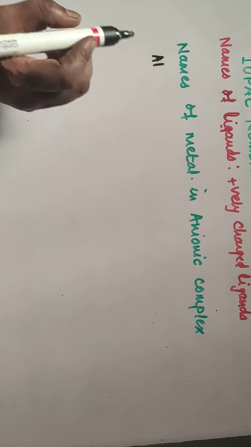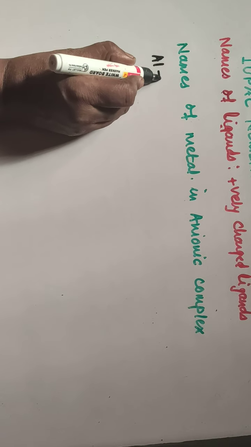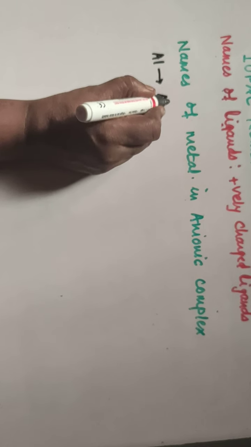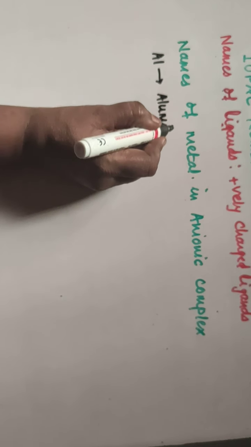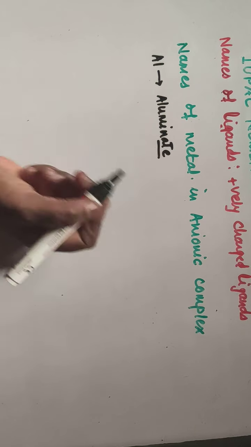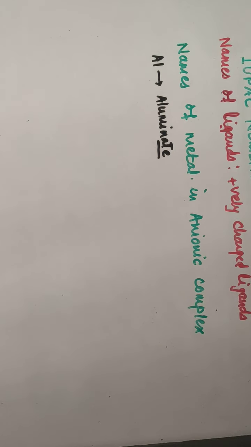So the name of this is aluminium, and hence in anionic complex it is written as aluminate. The suffix ATE is added to the name of the central metal atom in the case of anionic complex or negatively charged ions in coordination compounds.